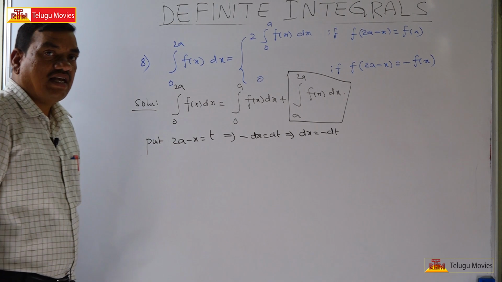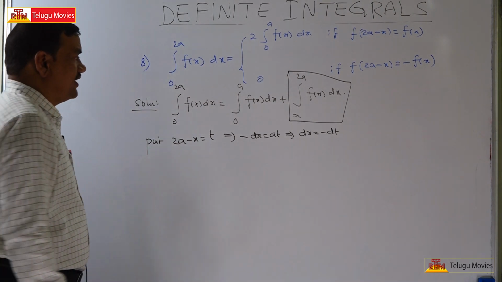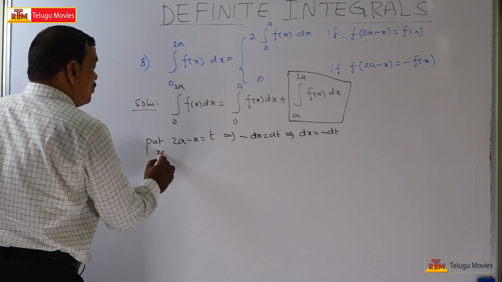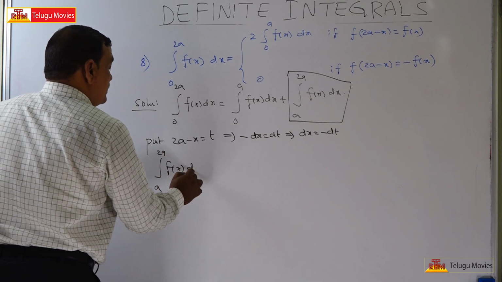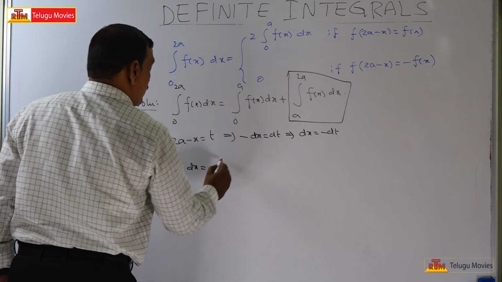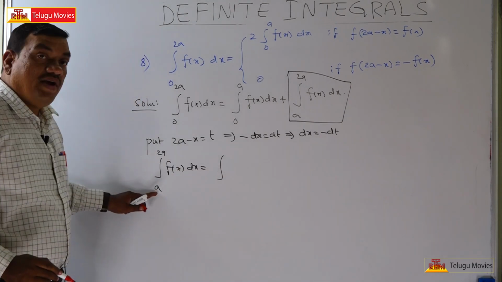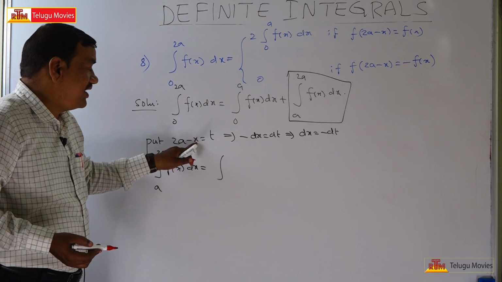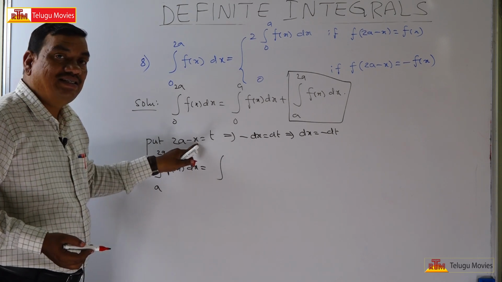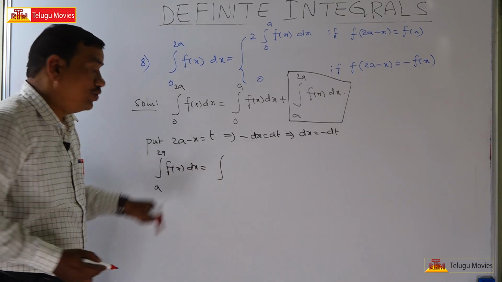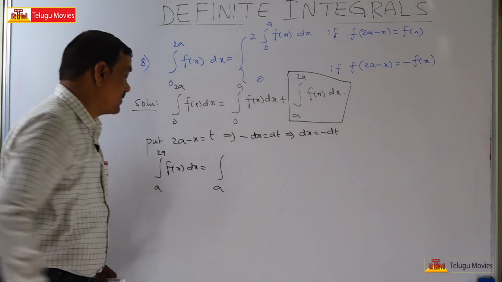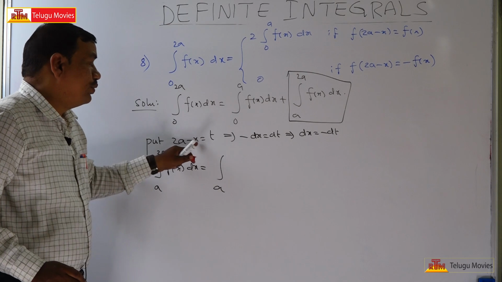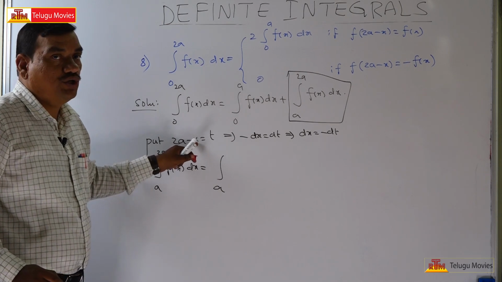With respect to x, I have taken differentiation on both sides. Then your a to 2a f of x dx now is equal to, wherever x is there, lower limit is x is equal to a, substitute here a, 2a minus a, t is equal to a, lower limit is a. Upper limit is how much? 2a, substitute 2a here, 2a minus 2a, how much? 0.